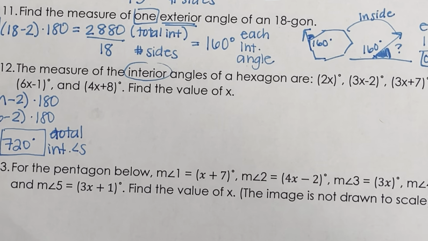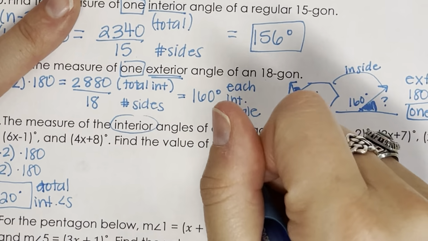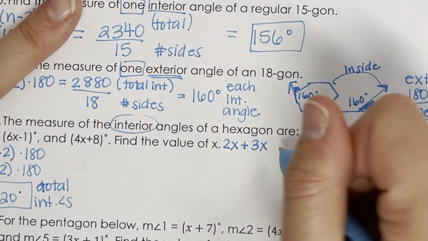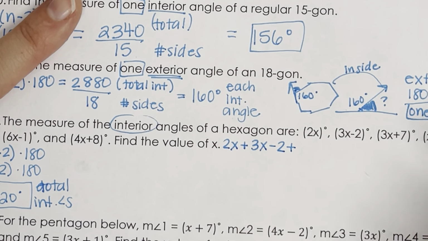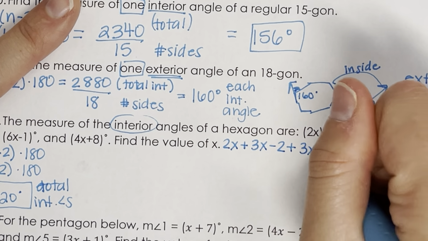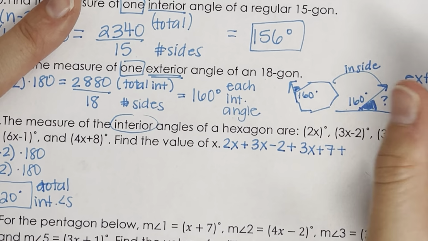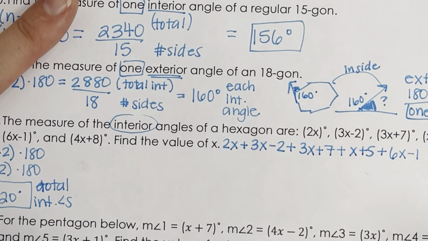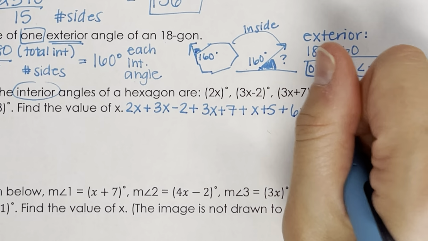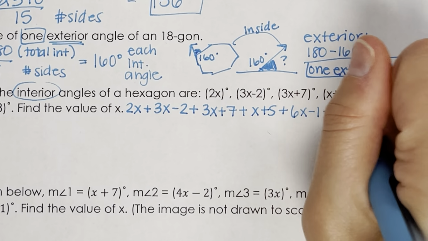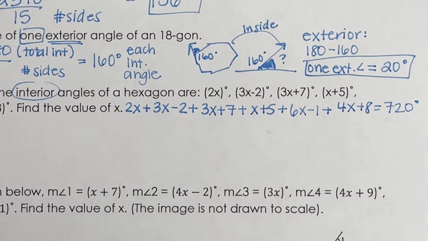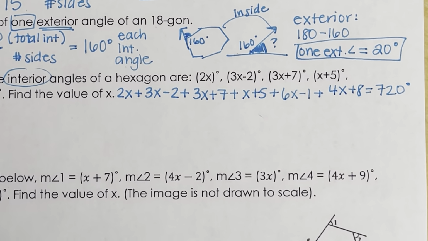So it's going to be a very long equation. 2x plus 3x minus 2 plus 3x plus 7 plus x plus 5 plus 6x minus 1 plus 4x plus 8 equals 720 degrees. So much to do there, but it's just an algebra problem.